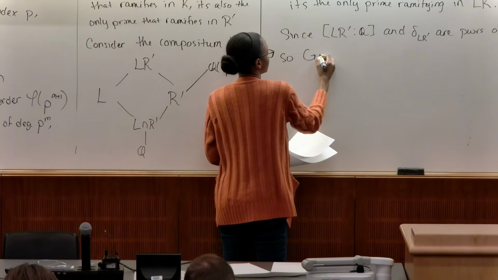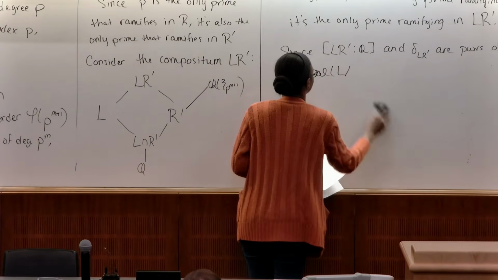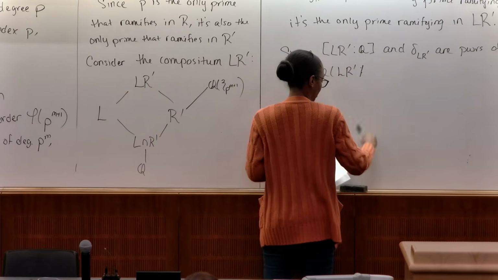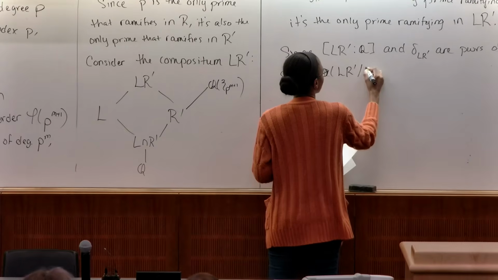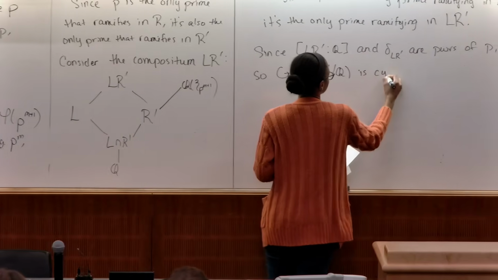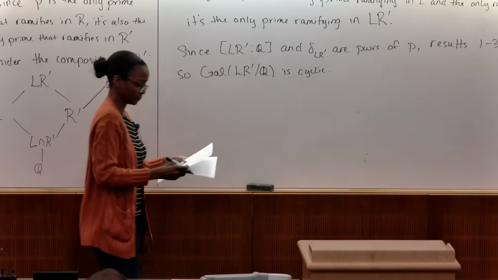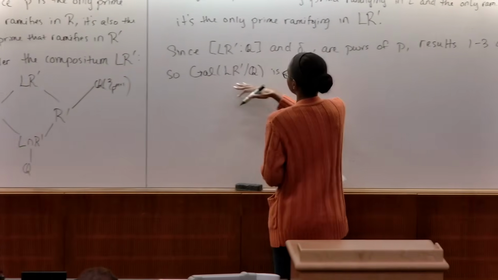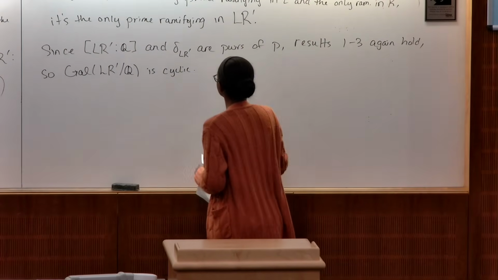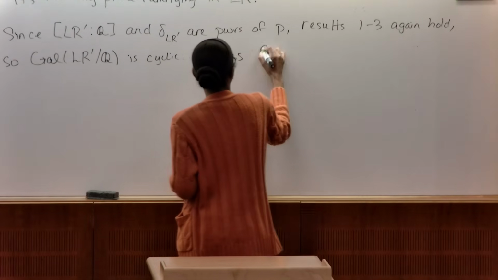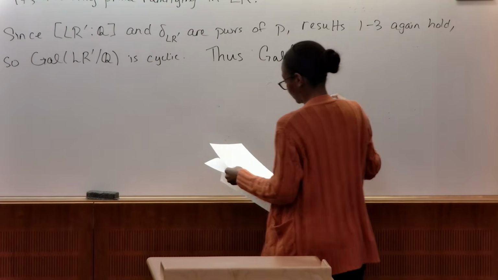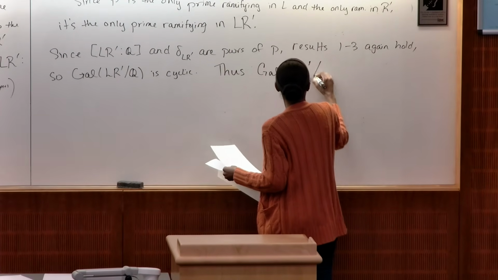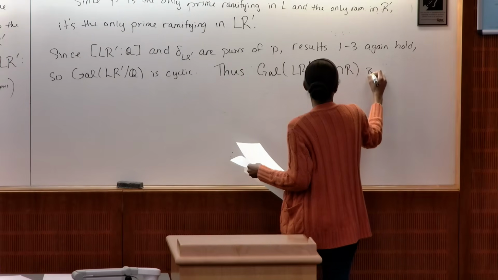So conclusion at this point, not conclusion of the proof, but L R prime over Q has a cyclic Galois group. Okay. But if this group is cyclic, every subgroup of this group is cyclic. So in particular, the Galois group of the compositum over the intersection is also cyclic.